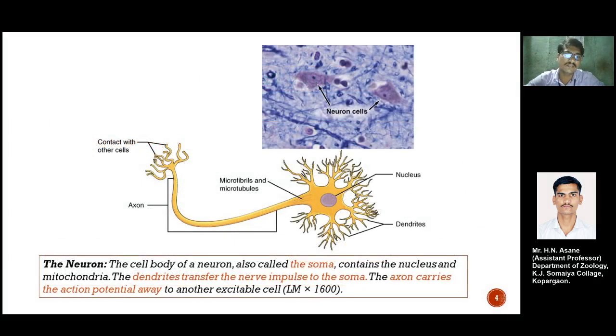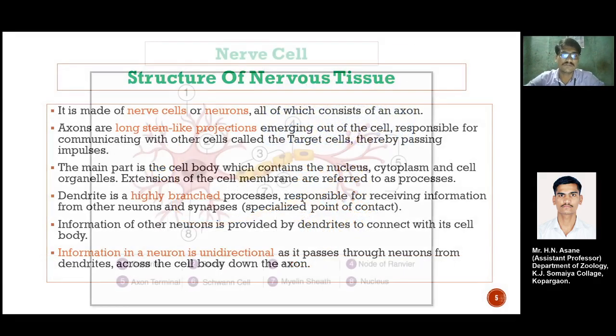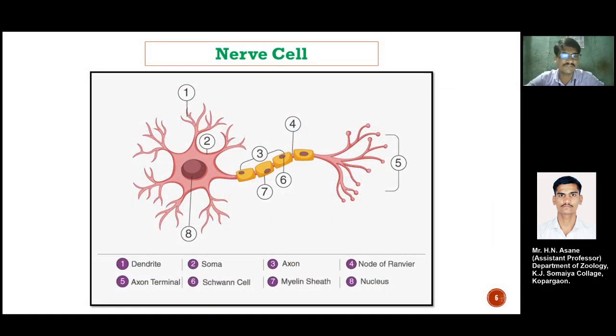We have seen the structure of the neuron, that is the dendrites, axon, and the terminal end. We have seen the structure of the nerve cell: the dendrites, the soma, axon, the node of Ranvier, axon terminal, the Schwann cells, myelin sheath, and the nucleus of that axon.